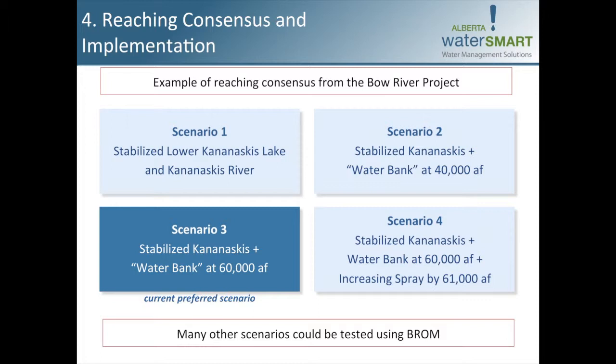Now again, this was all just modeled, but that's the concept of a water bank in terms of remanaging. So rather than building new storage, you just manage differently what was there. Scenario 3 was the ultimate preferred scenario that was recommended after the project completed.